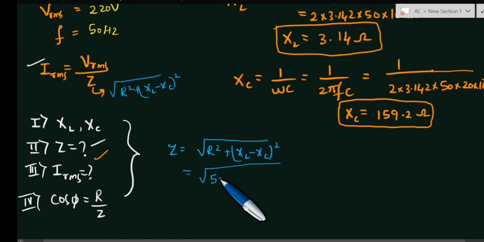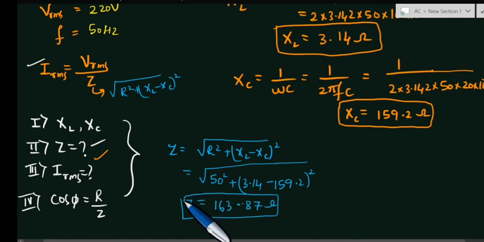So 50 square plus XL, that is 3.14, minus XC, 159.2, whole square. If you calculate this, the Z value comes out to be 163.87 ohm, and this is the value of Z.